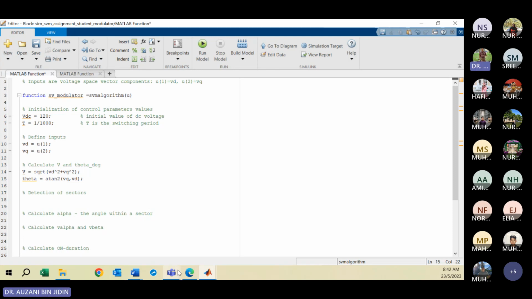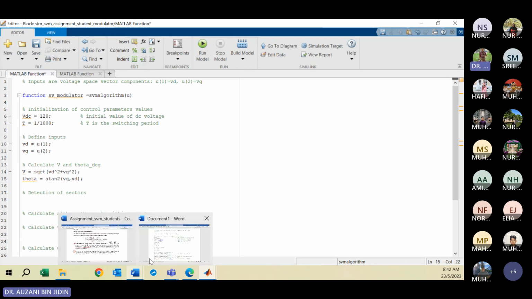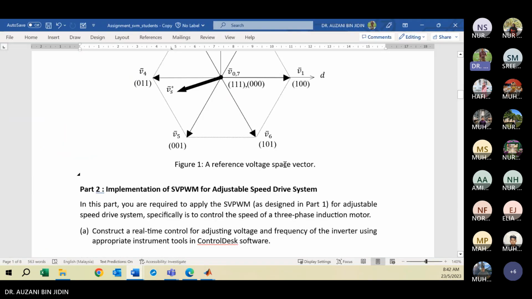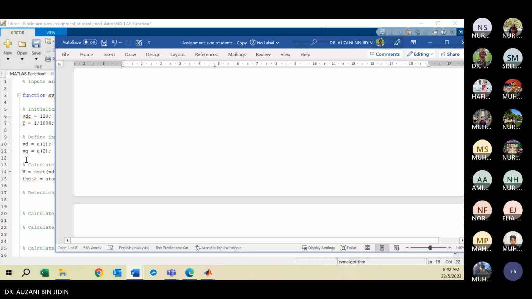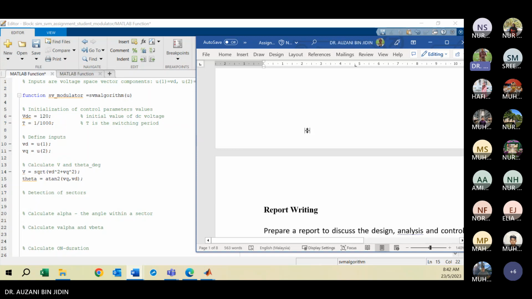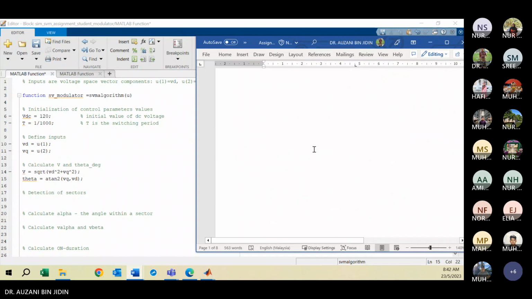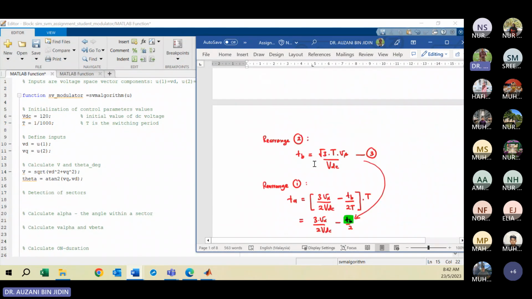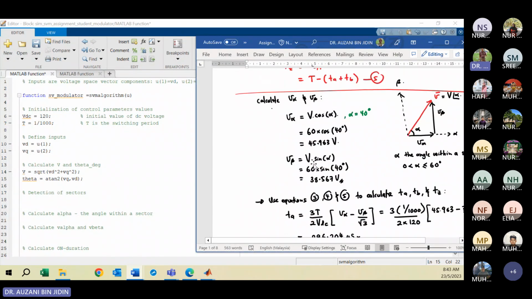So if we refer to what we discussed yesterday, where is the equation? Which one, to calculate the magnitude and angle?